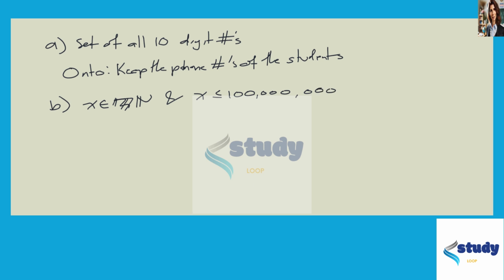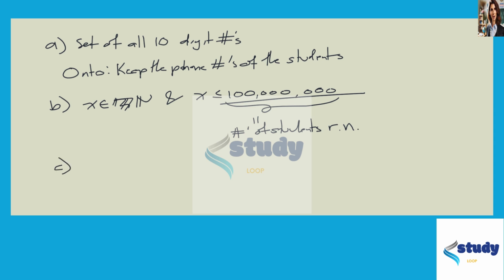So the function will not be onto because you will not have 100 million students in your class. So to make it onto, all you need to do is make this number equal to the number of students right now.